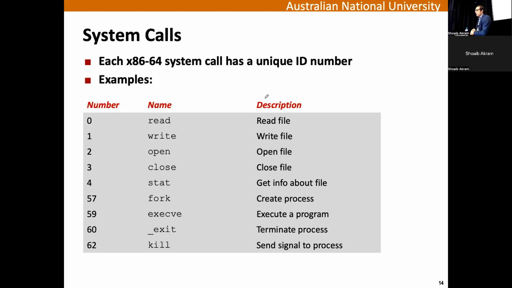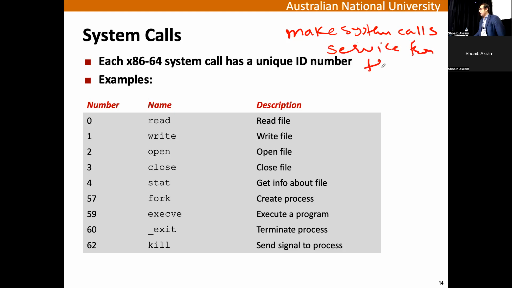The type of system calls that we have, so from your user program, the applications that you're writing in labs, you make system calls to get some service from the operating system. Examples of those services are reading something from a file, writing something to a file, opening a file, closing a file, getting some information about the contents of the file.